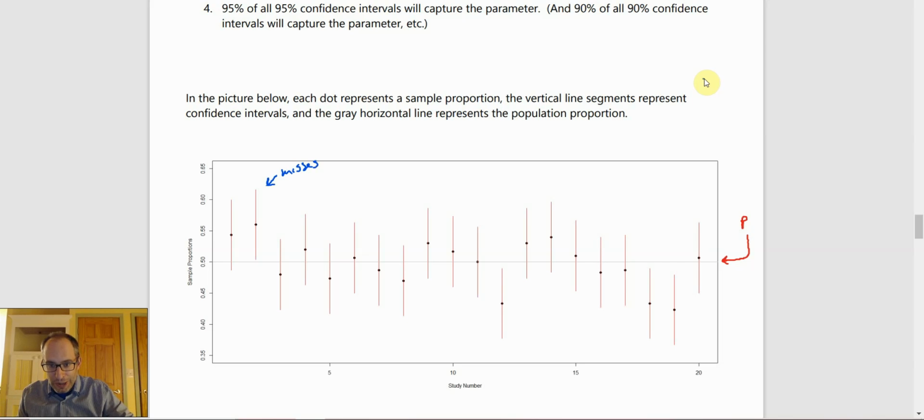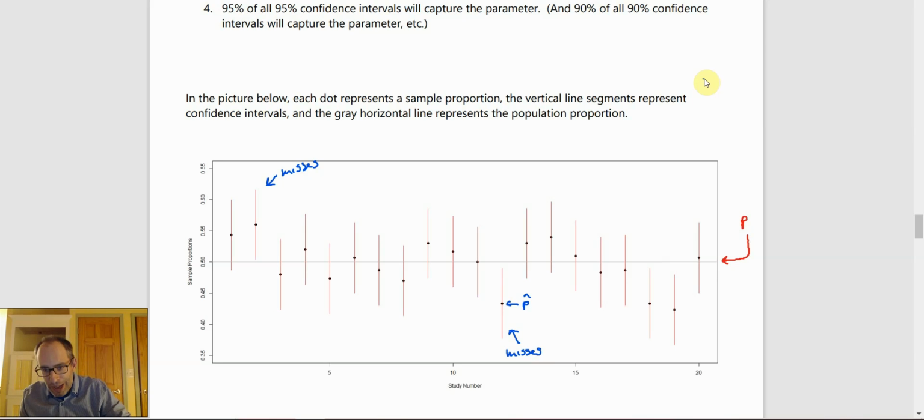All these in here are good. That one's not. That one misses because what's happening here? The sample proportion is so low. There's the p hat right there. It's so low that when you make the interval, it doesn't stretch high enough to capture P. It doesn't get all the way up to the gray line.